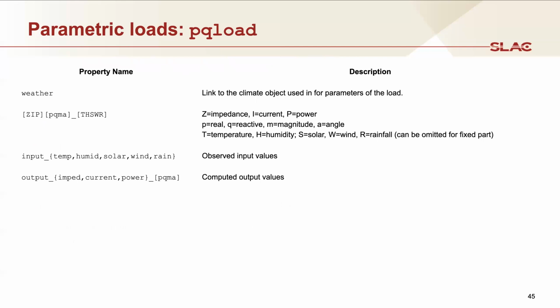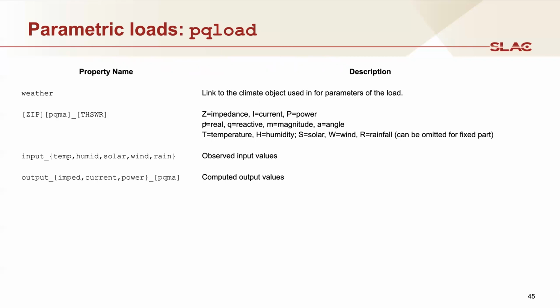There is a special load called a PQ load that allows you to create loads that have sensitivity to weather conditions. There's a set of parameters. It's quite a large set, actually, because it's a combinatorial thing where you can specify the impedance, current, or power, real or reactive response to temperature, humidity, solar, wind, and rain, all independently, each one separately.